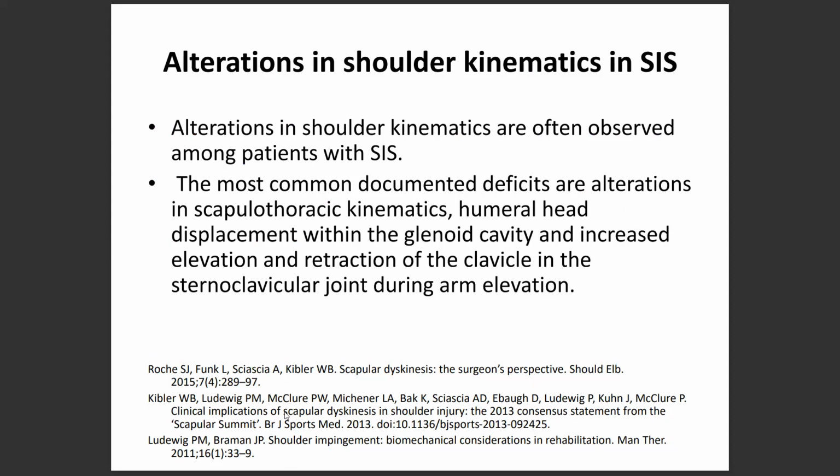The most commonly documented deficits, which we could call biomechanical alterations, are the alteration in scapulothoracic kinematics, humeral head displacement within the glenoid cavity, and increased elevation and retraction of the clavicle at the sternoclavicular joint during arm elevation in the forward direction.